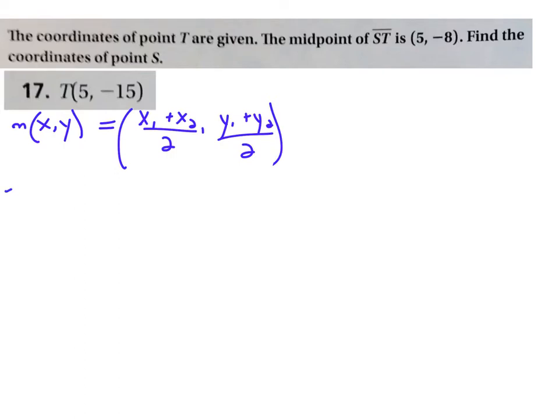So we're going to say x and y, we know the coordinates of the midpoint to be 5, comma, -8. They tell us this in the problem, okay? And that's equal to, and we're going to sub in values here. We're going to sub in the first point's values.